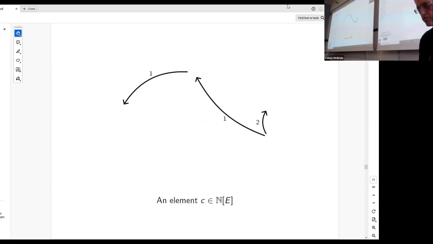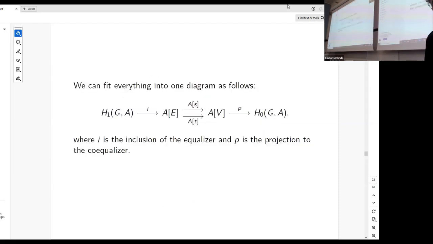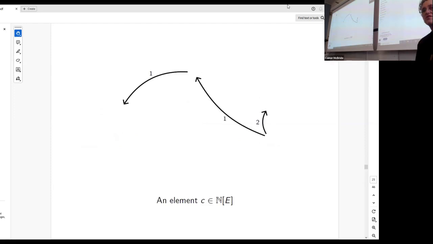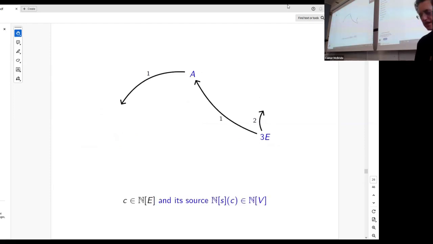Now, remember, I'll just back up a little bit. We had the ability to take the source or the target of any linear combination of edges. So let's see what that's like. So we'll take this linear combination of edges. Now I'll take its source, and we get the stuff in blue. Namely, we get A plus 3 times E. So the idea is we look at our linear combination of edges, and we work out the sources of all of them.